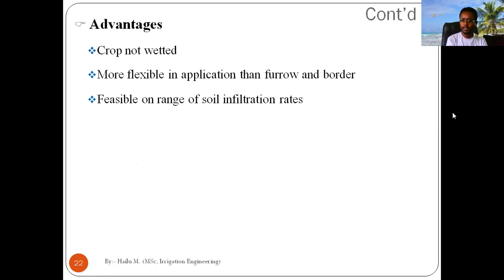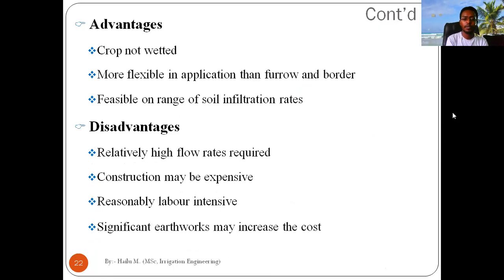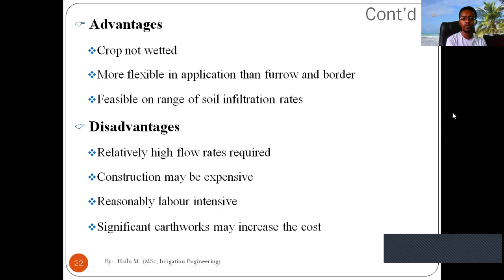Okay, while I introduce irrigation application techniques, every irrigation application method has its own advantages and disadvantages. So let's see the main advantages and disadvantages of the basin irrigation method. Its advantage is that crops are not weeded. It is more flexible in application than furrow and border irrigation and is feasible on a range of soil infiltration rates.